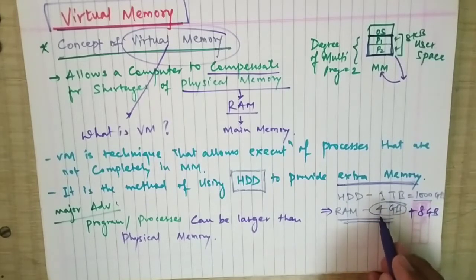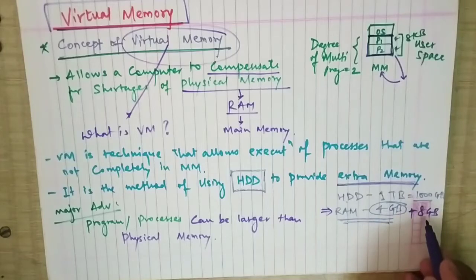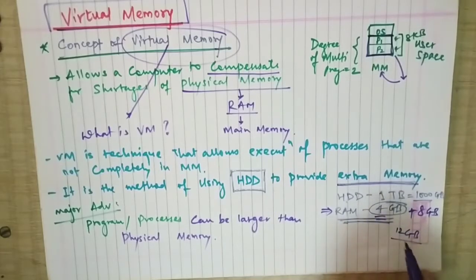So we have taken 8 GB from the hard disk, and in total you have 12 GB of memory, out of which 4 GB is the main memory and 8 GB is the virtual memory. If the program you want to execute is larger than the main memory, you can make use of the virtual memory. So this is just an introduction to virtual memory.